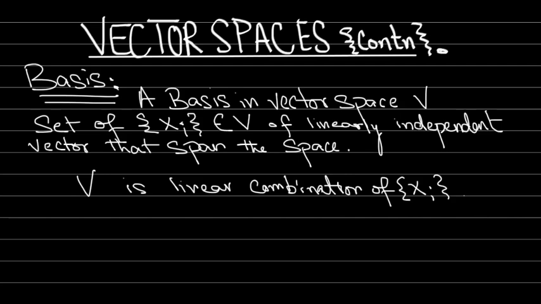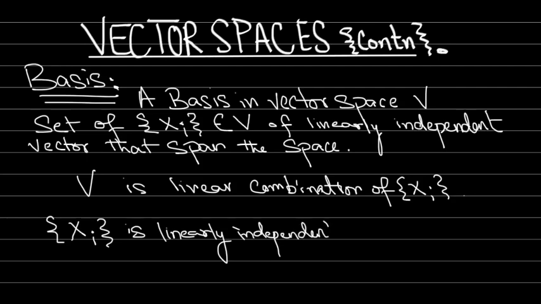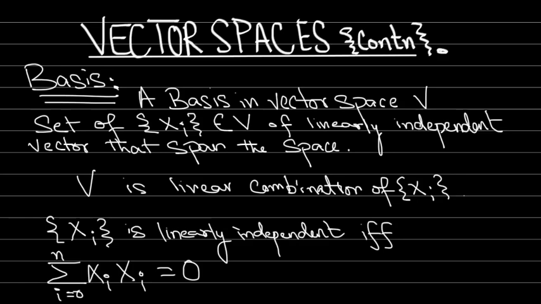Say you have a set of vectors xi, and they're linearly independent if and only if the sum over i from 0 up to n of alpha i xi is equal to 0 implies that all of the alpha i's are 0.